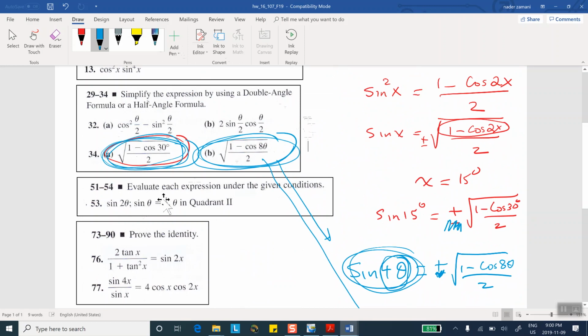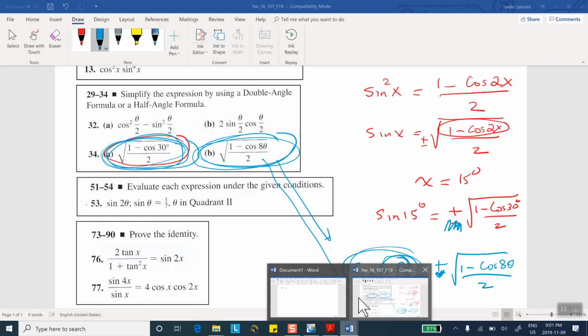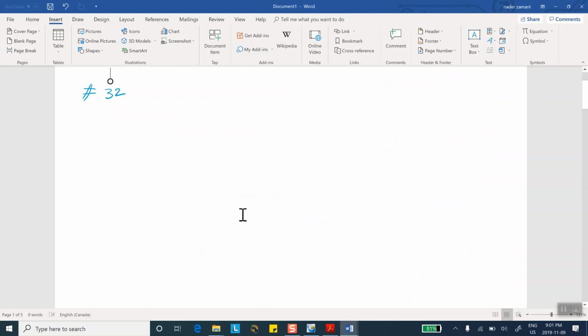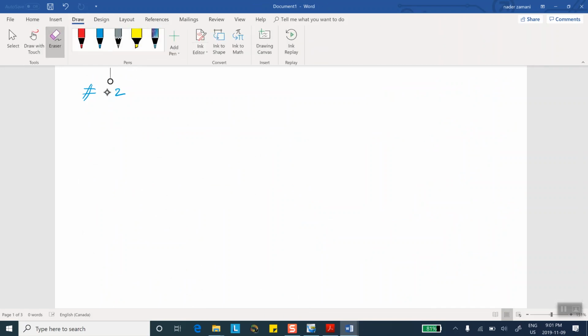So these other ones, I'm going to do it on a separate page. So number 53. Okay, so let me erase this. Number 53.